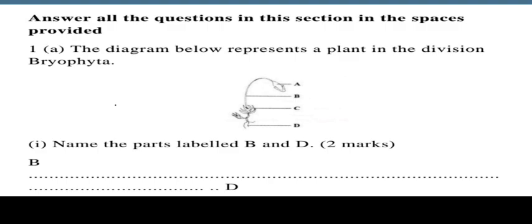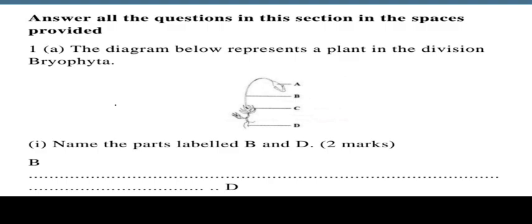Then structure B is called the sporangium, the same structure that the Rhizopus has. So B is called the sporangium. Then when it comes to C we can say the main axis. Okay, so C is called the main axis or the leaf-like structure. So it's the main axis or the leaf-like structure.